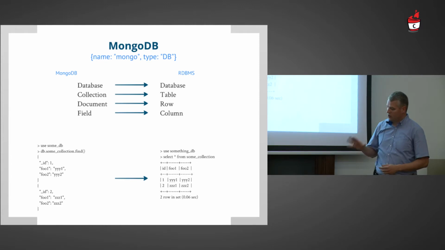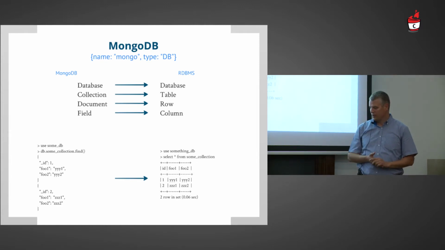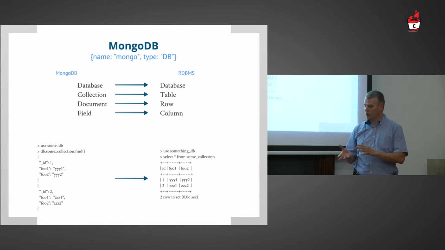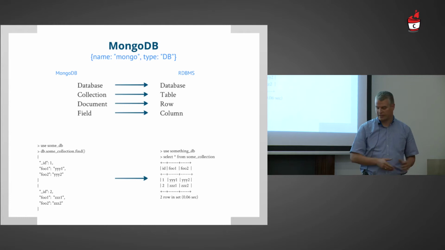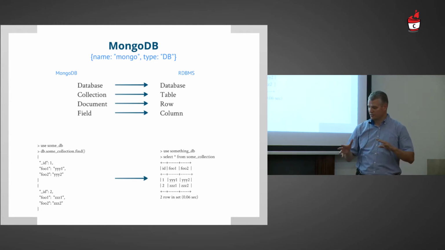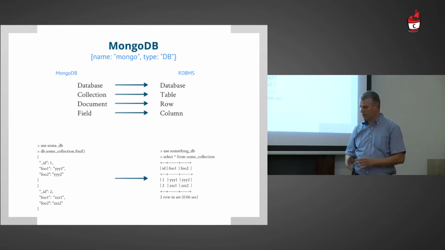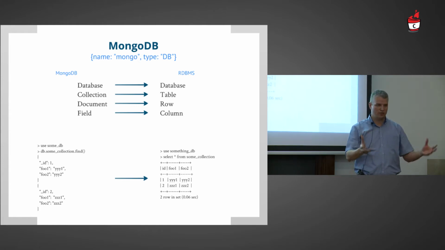If you are not familiar with document-oriented databases, this is a little translation map, so to speak. In relational databases, we speak about tables. The same thing is more or less collections in document-oriented databases. The difference is pretty clear. A table has a very strict schema, while a collection is just a container.